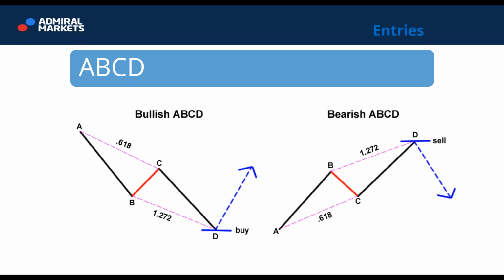So you need to determine whether the distance is below this. For me, I don't want to see distance that is below 61.8. So that is very important for me personally. So for that ABCD, the distance between A and C should be this, and this is the distance between B and D. Okay, when you see this, then usually those patterns are strong. So no less than 61.8.